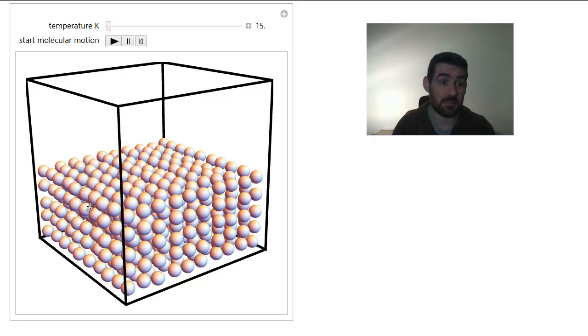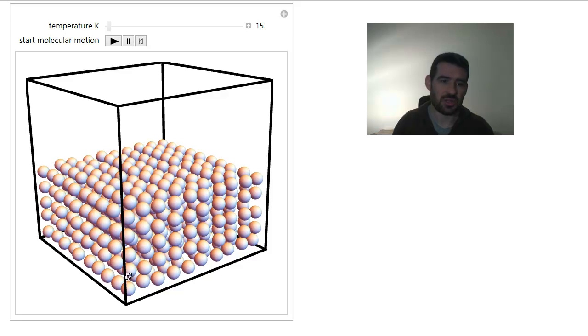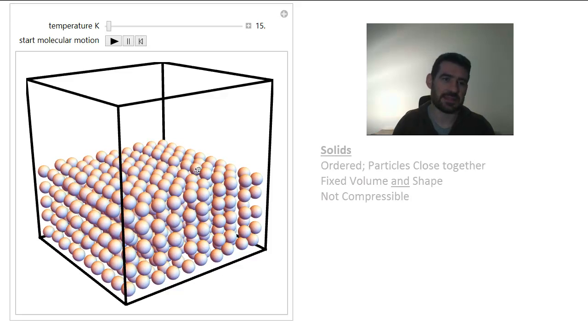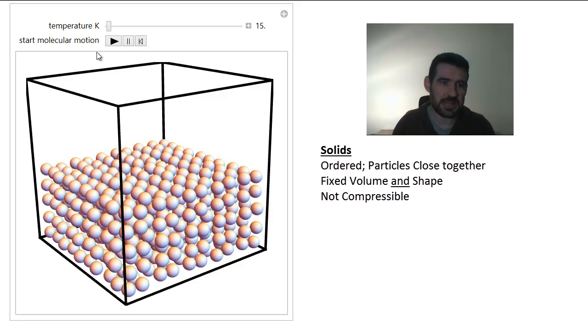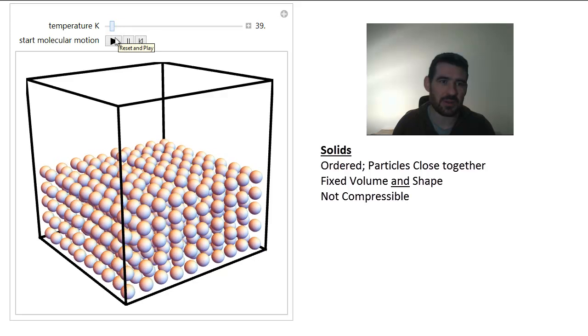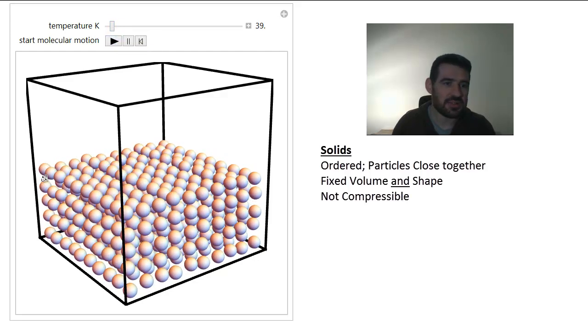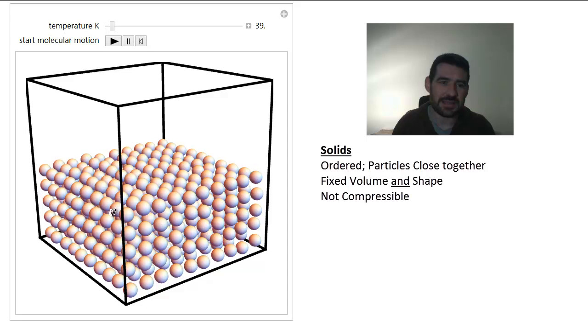So running through that again, the solid phase is the phase that has the least amount of energy and the most order in the structure. All those particles are in a specific place and they just vibrate a little bit about a central point, but they stay in the same order.